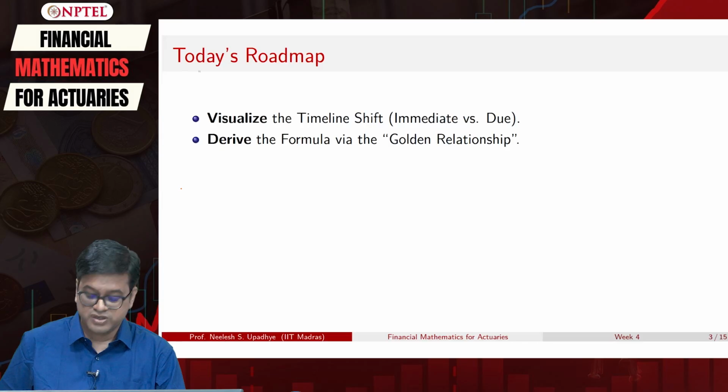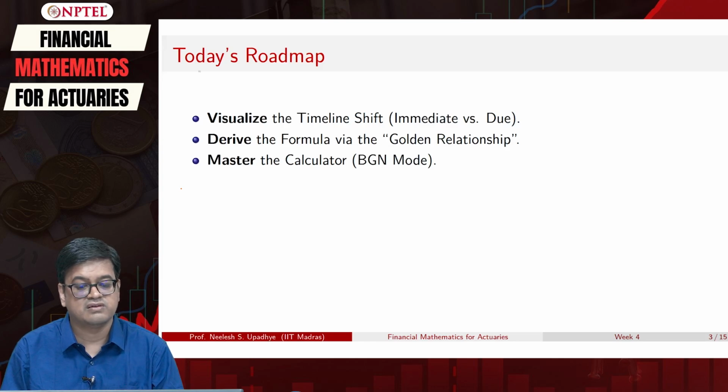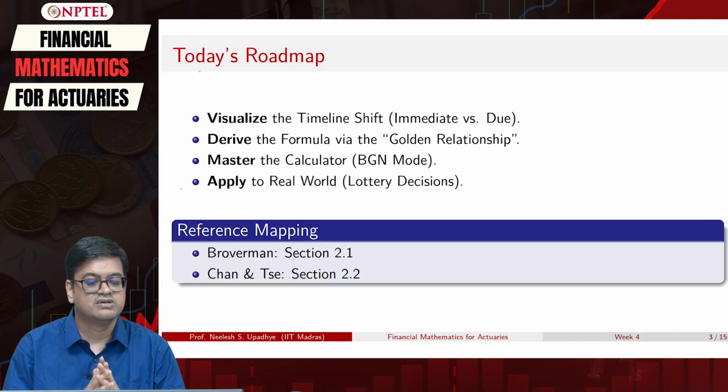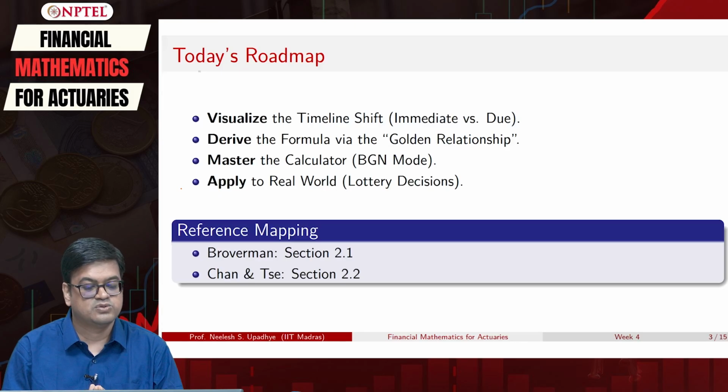Then we will understand how to use our calculator, who is our friend, in BGN mode to calculate this annuity due. And then finally we will apply this to real world problems like lottery decisions and other stuff. Reference mapping as usual is very clear: Broverman section 2.1 and Chan section 2.2.